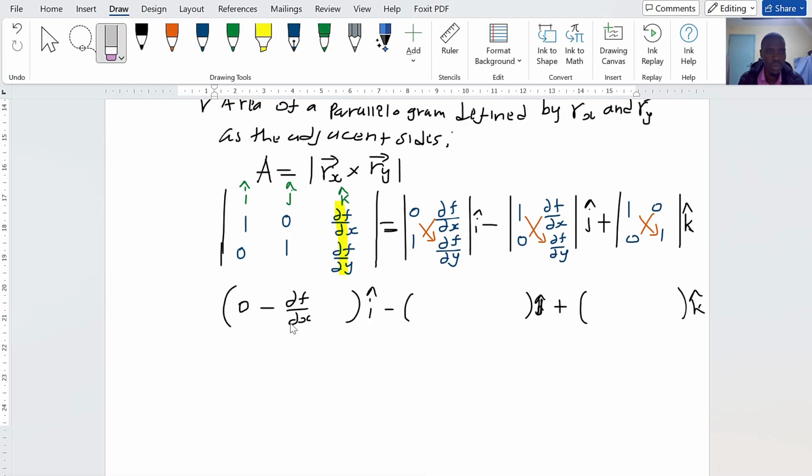So we have 0 minus df dx times 1, which is just df dx. That is i.